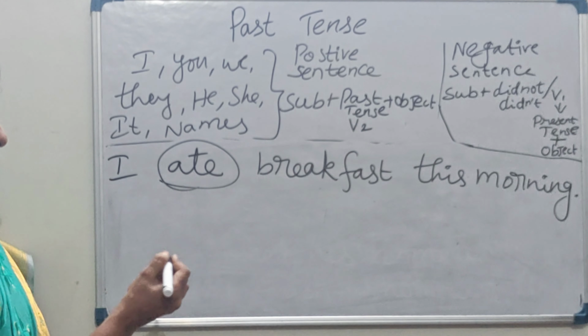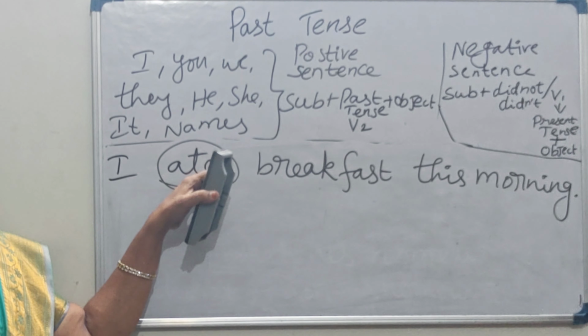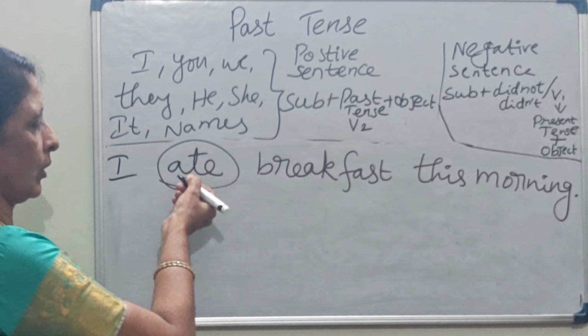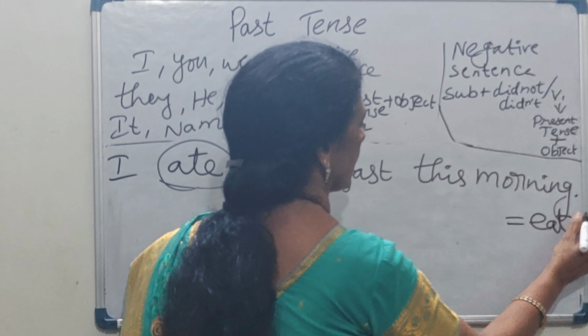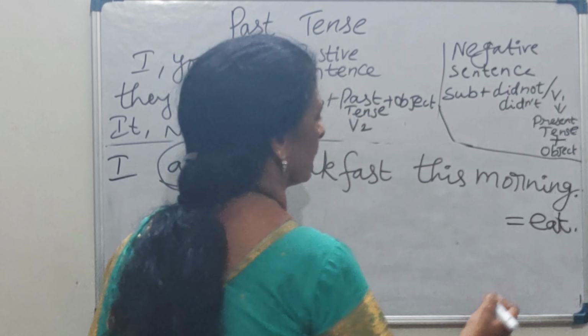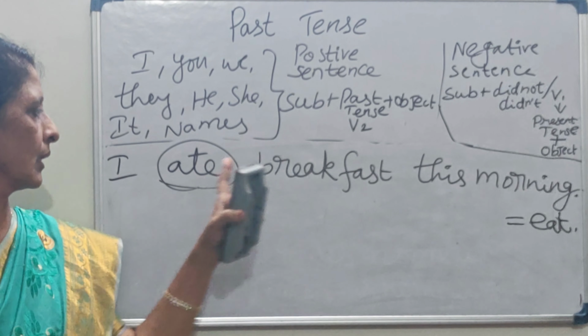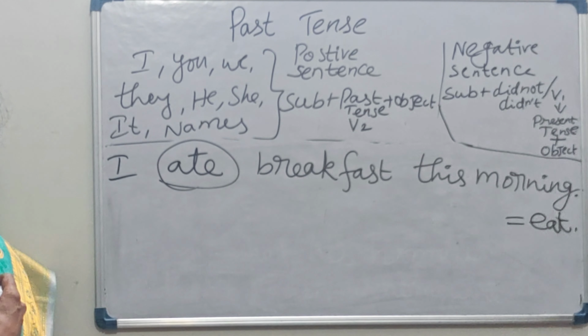This is past tense. How will you write this in present tense? The verb is eat. Present tense is eat. Eat in past tense becomes ate.